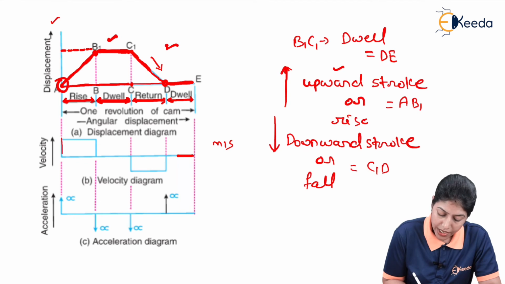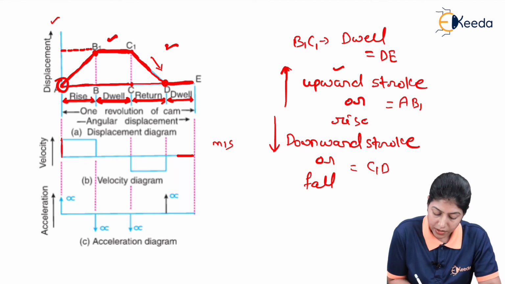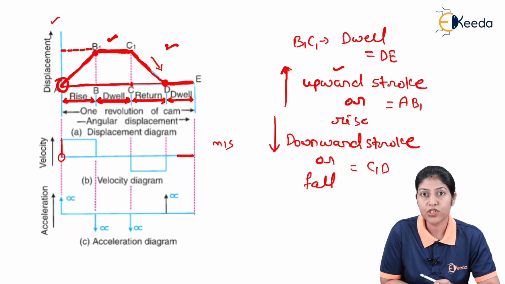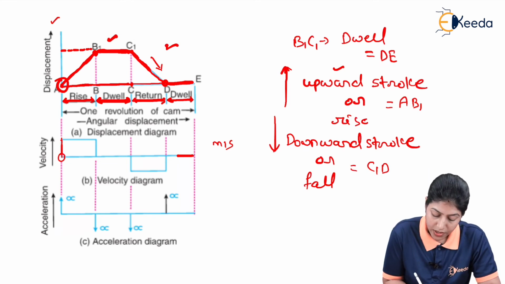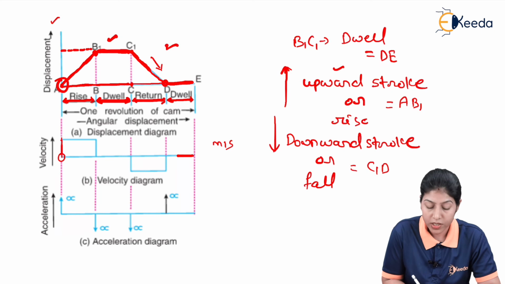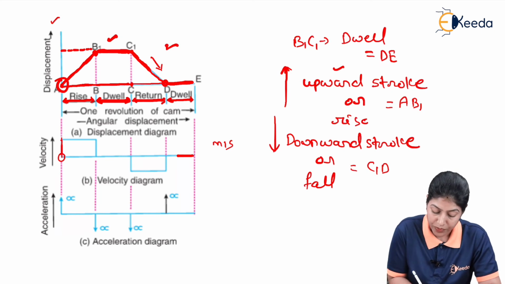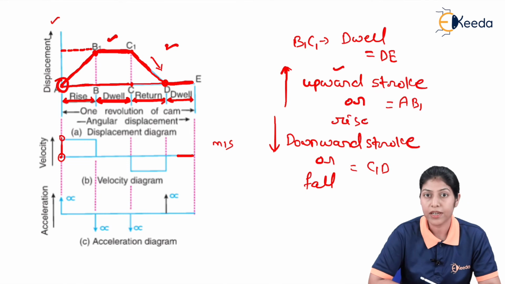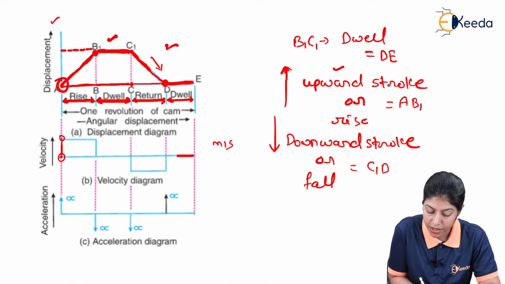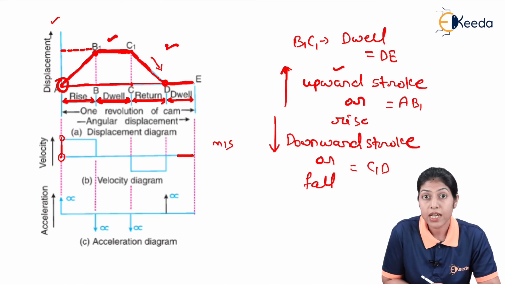This particular line is a straight line, and here this point is a rest position for the follower. When the follower is in rest condition, at that particular point it gets a particular magnitude of velocity. It is not taking any amount of time to gain this magnitude of velocity. Here time is 0 and velocity is increased.